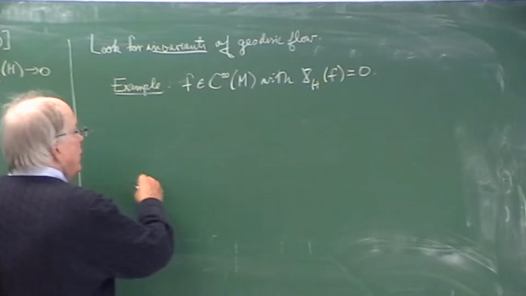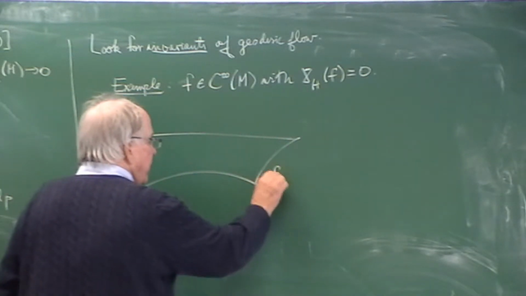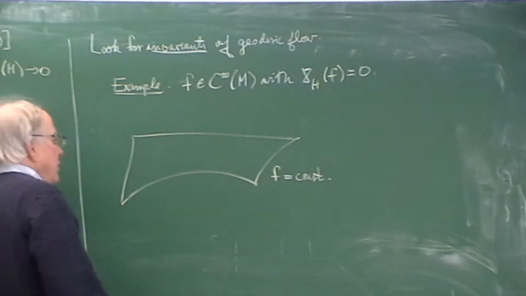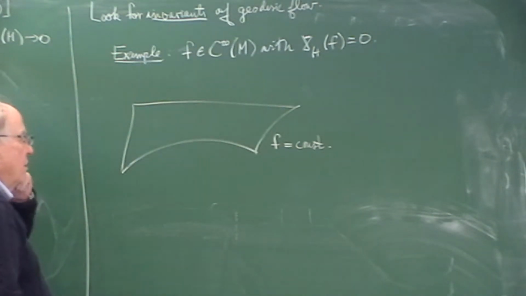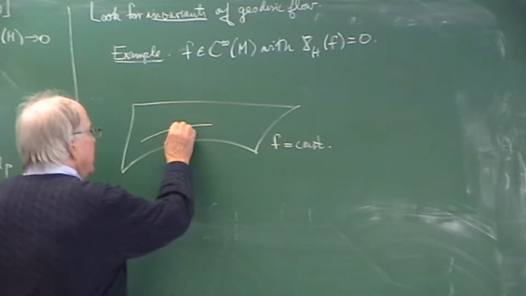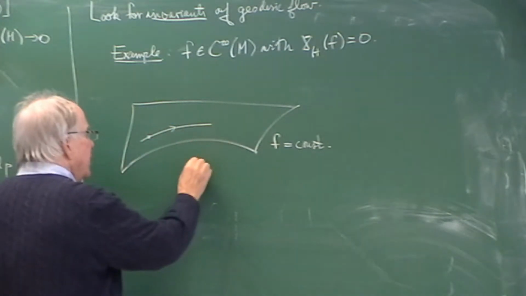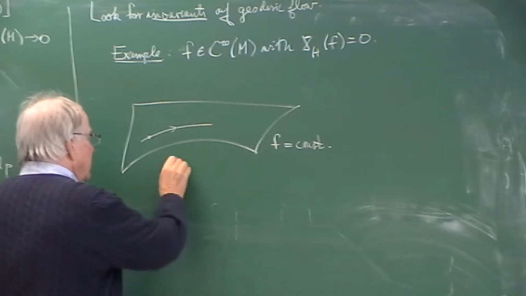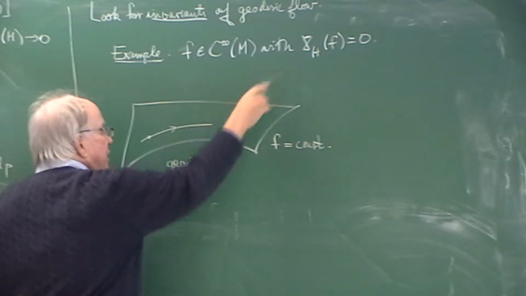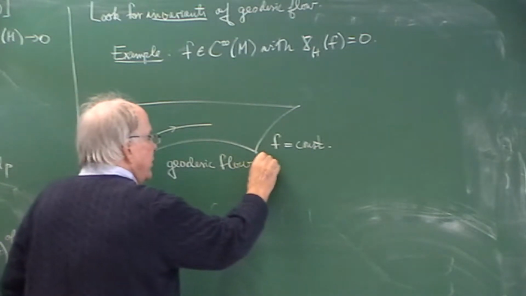That means if you're looking at a level surface, say, which is smooth, the generic level surface f equals a constant. Here's a level surface, taking a smooth one, and it means that the flow of this is inside the level surface. Geodesic flow: the function is annihilated if and only if the geodesic flow is contained in the level surface.